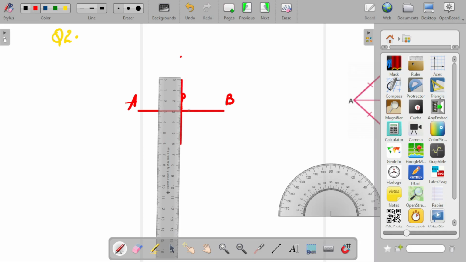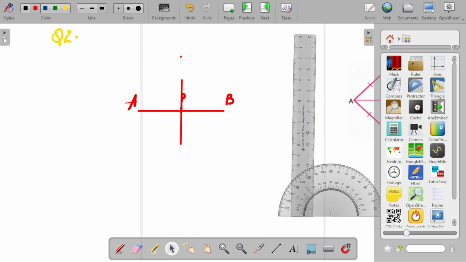Here 3 centimeters on each side. Now name it accordingly. Say this is C, this is D. Now just join A, B. All the points should be joined.